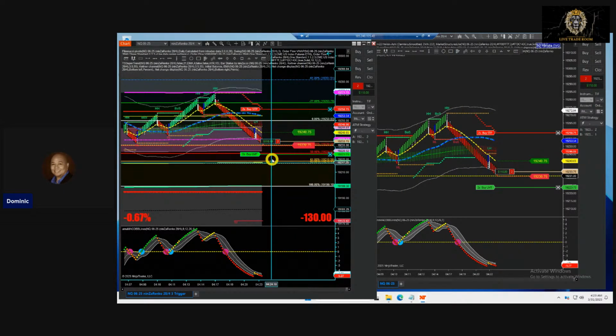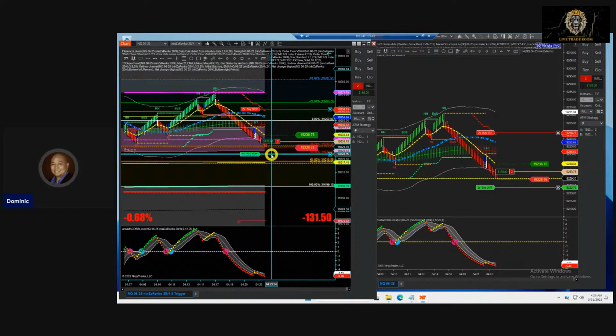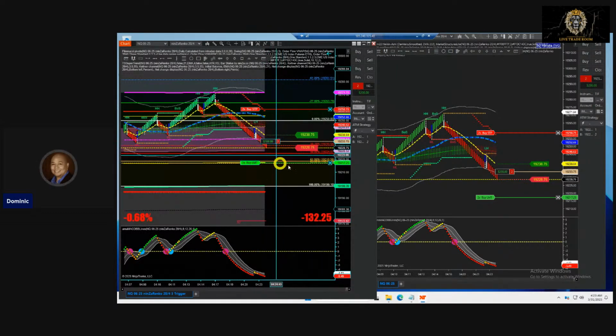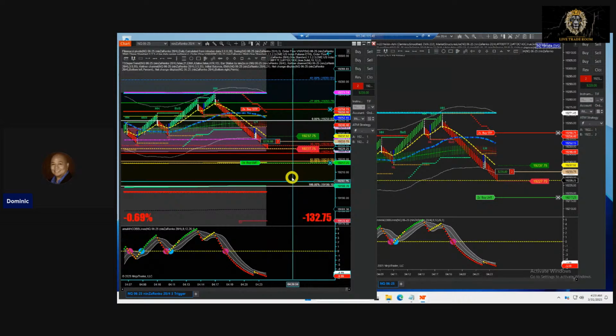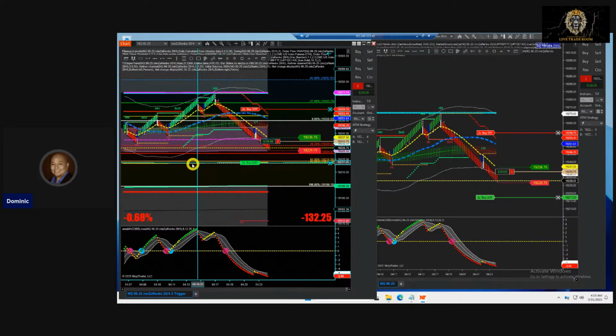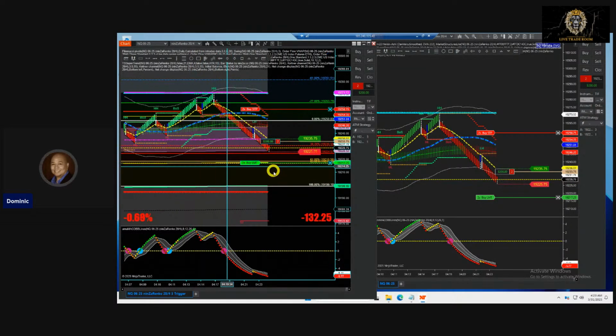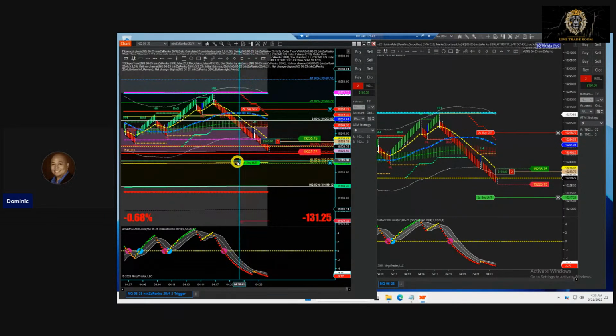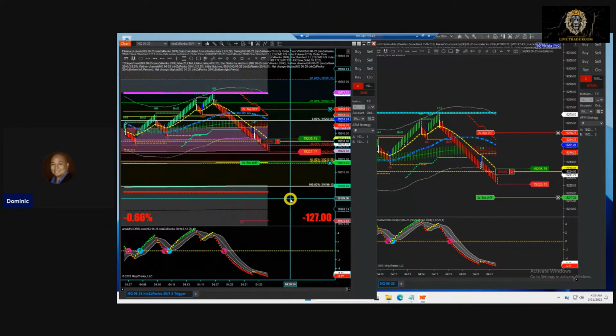There we go. So most likely it's going to try to test this right down here, that blue. Again, I'm going to judge this based on the momentum. Because this, right here, this yellow, is basically another deviation level. In this case, you see prices coming down to it, very strong support level.